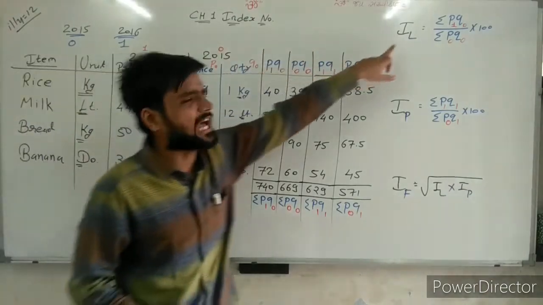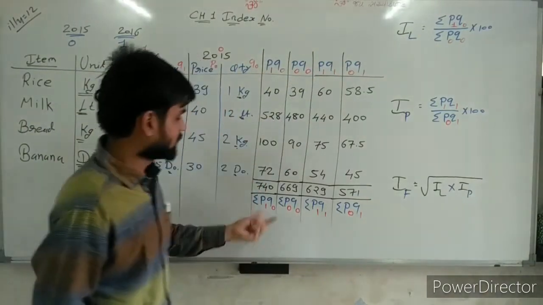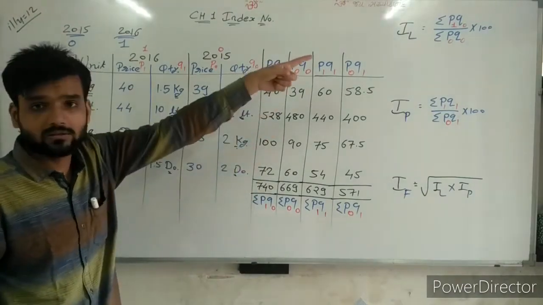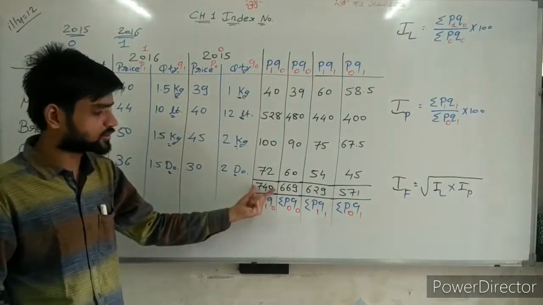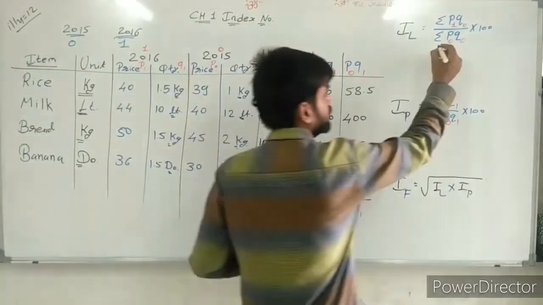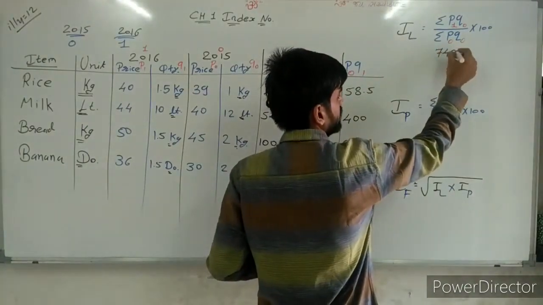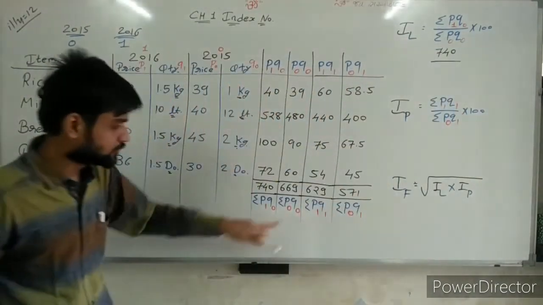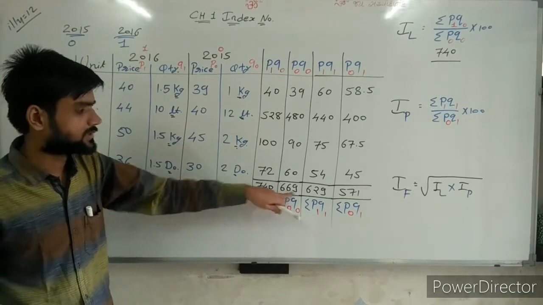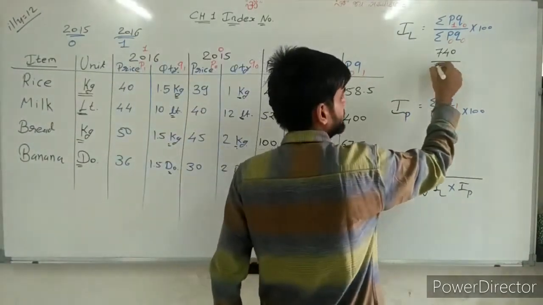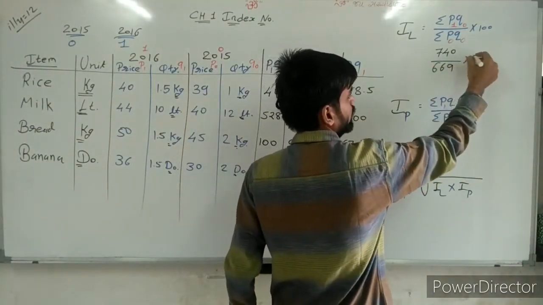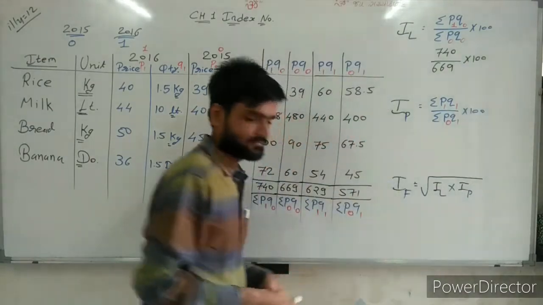Now what we need? Last pair index number, simple. So for the last pair index number, P1 Q0 is 740, so writing 740, divided by P0 Q0, 669, into 100.